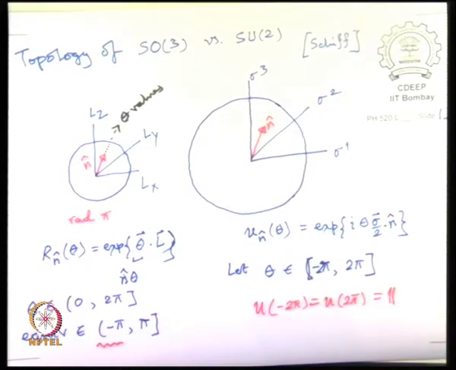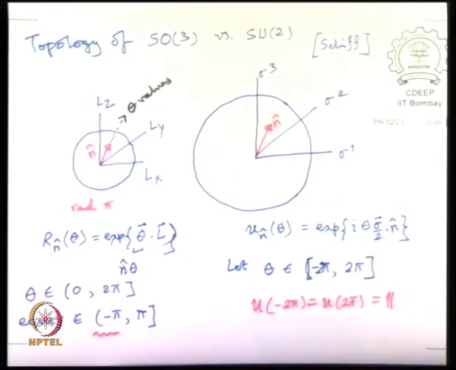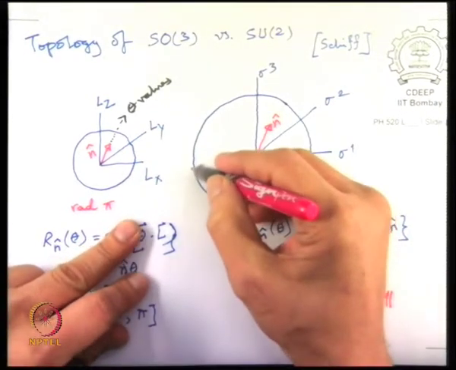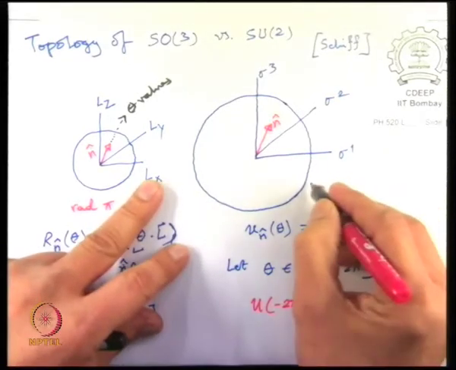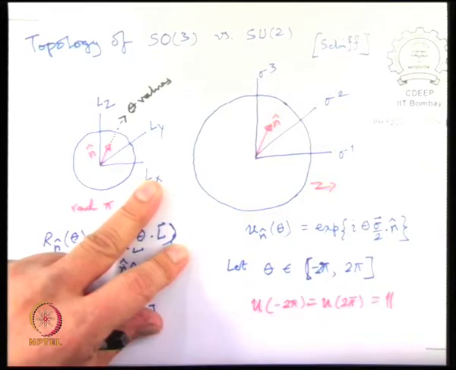In fact, the SU2 is a space such that the whole of, I do not want to clutter up this image, but the whole of the outer surface is one point.